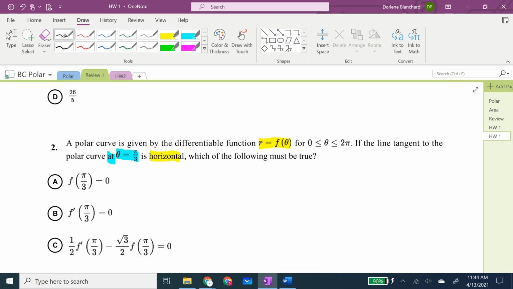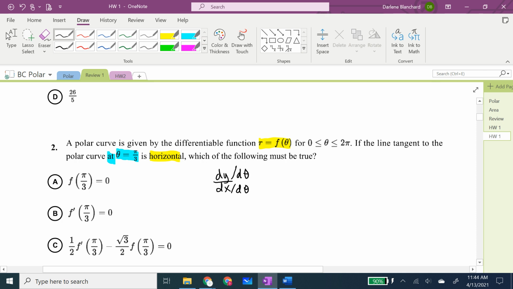when I have a horizontal tangent line, I do want to think about slope. And slope is always dy over dx. If I'm working with polar, I want to realize that my slope is actually dy d theta over dx d theta.